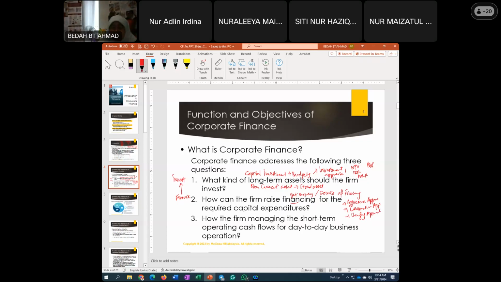Okay, then the third one, how the firm manages the short-term operating cash flow for day-to-day business operation. So this is more on your working capital investment, as well as working capital financing.